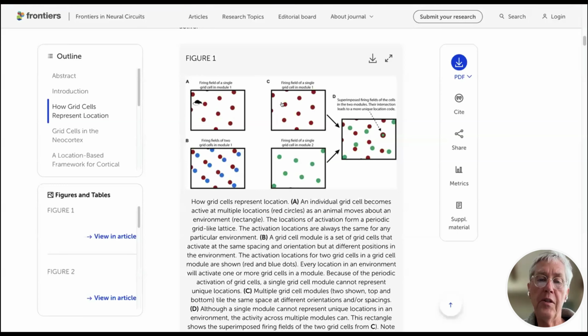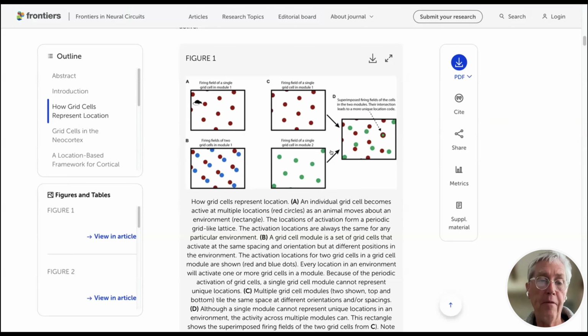When you see the red cell active, you could be at any one of these points in the space. And if you see the green cell active, it could be any one of these points. So that's not very specific. But if you combine the red and the green, at any point in time you'll have some coincident activity, and that's a much more accurate position of where you are. That's, I think, what you were just referring to, Niels.